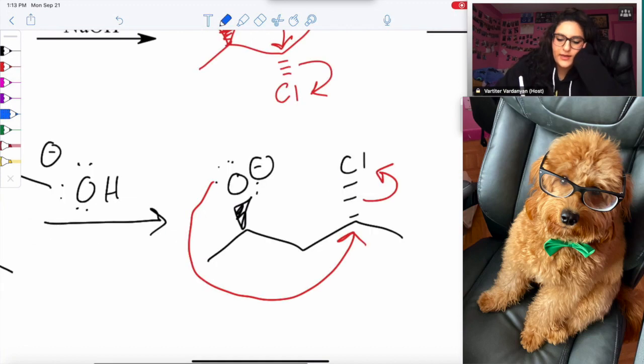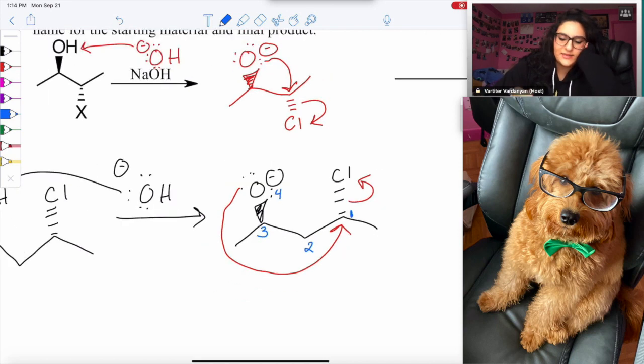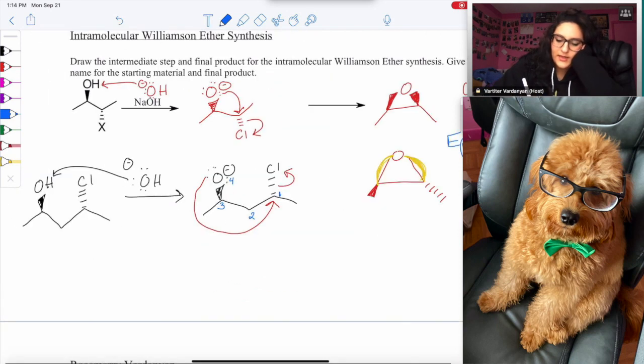At this point, I need you guys to be very careful in counting your carbons. So we're going to count this as 1, just because I said so. You could have started the other way around. 2, 3, and we know the oxygen has to go inside the ring, so I'm going to count that as number 4, and we're going to draw it this way. And I always like to start with my oxygens just because it's easier to keep track. And then we have 1, 2, 3 carbons, and let's number those 1, 2, 3, and 4.